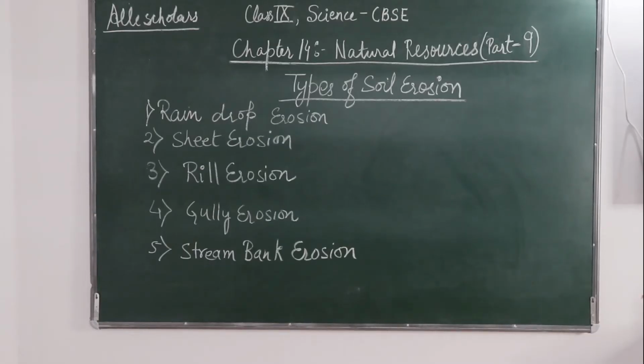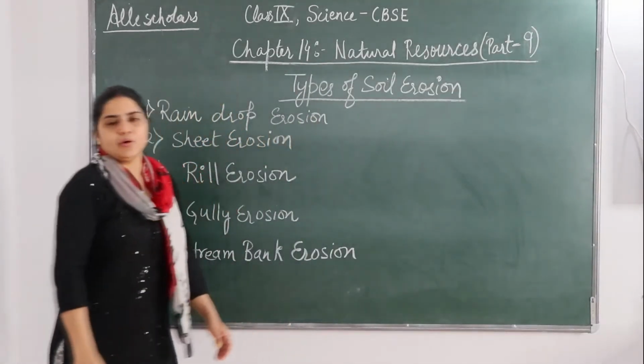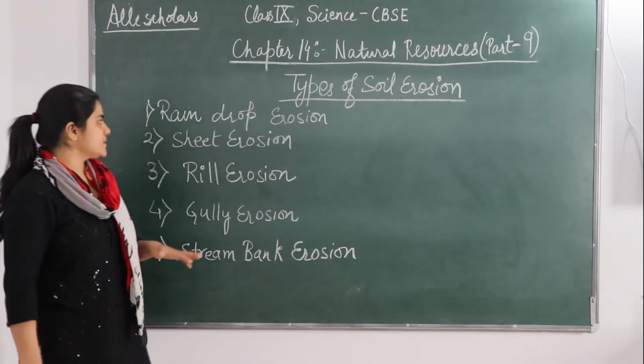So next we are going to see the types of soil erosion. If we talk about the types of soil erosion, there are basically 5 types.